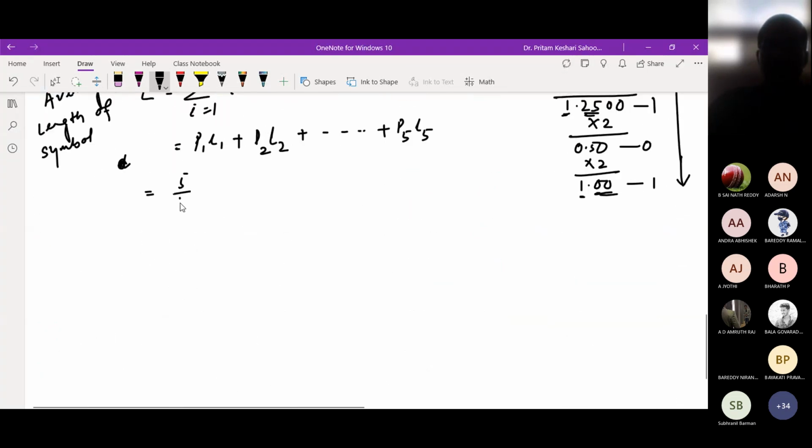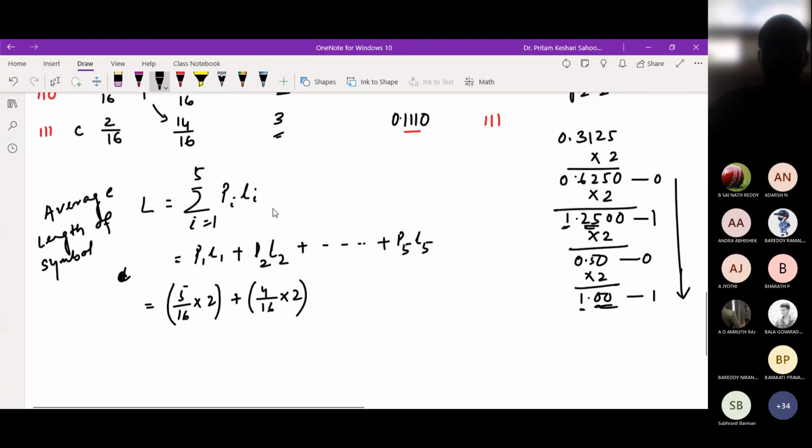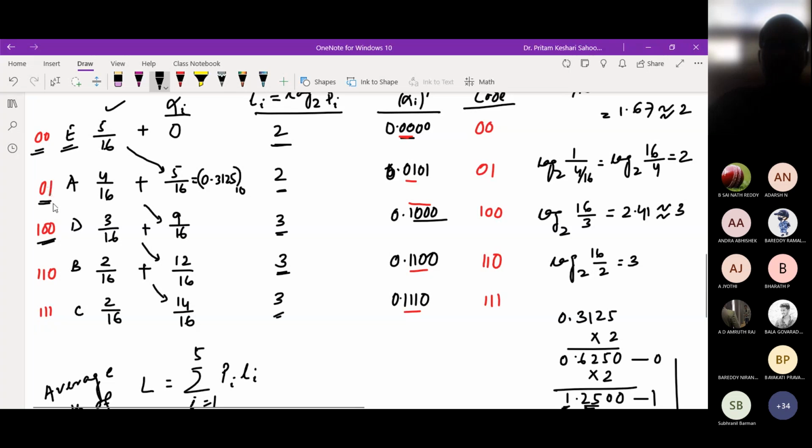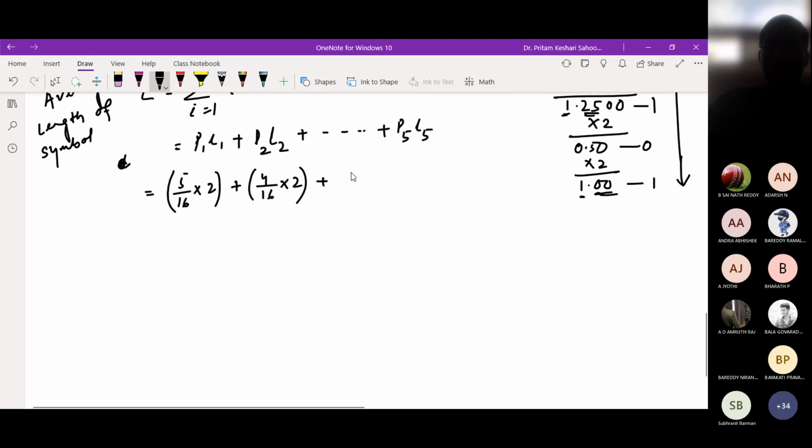So 5 by 16 into 2, plus the next probability, 4 by 16, into length 2, plus 3 by 16 into 3, plus 3 by 16 into 3, plus 2 by 16 into 3.